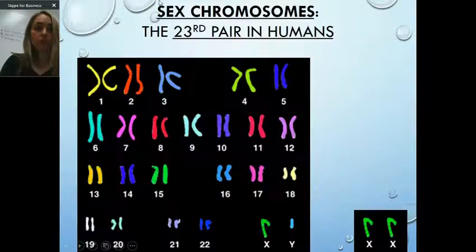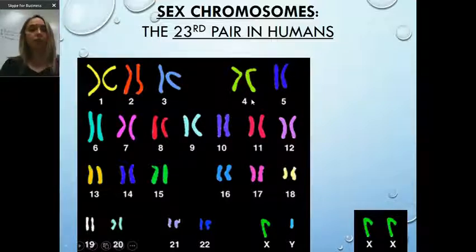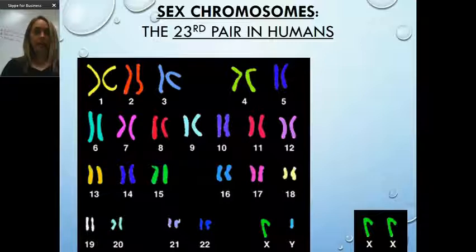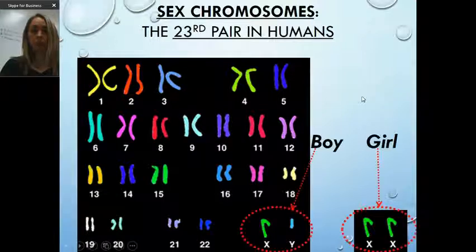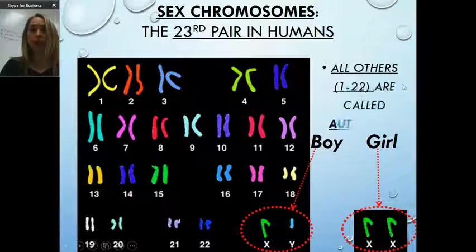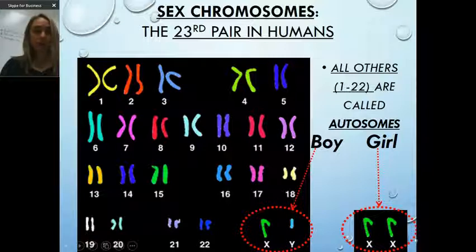Sorry. So sex chromosomes, the 23rd pair in humans. This is called a karyotype. A karyotype is a picture of all of the chromosomes, and they're lined up with their homologous pairs. So you have 23 pairs. Chromosomes number 1 through 22 are called autosomes, and the 23rd pair are your sex chromosomes.